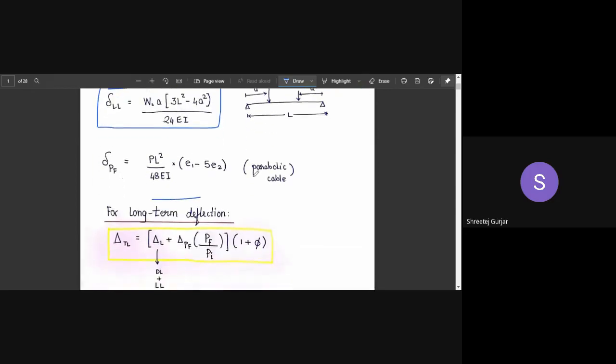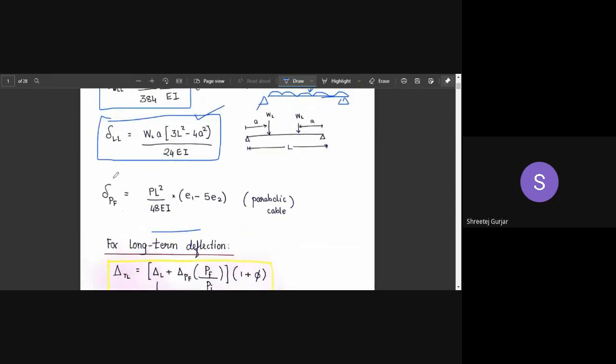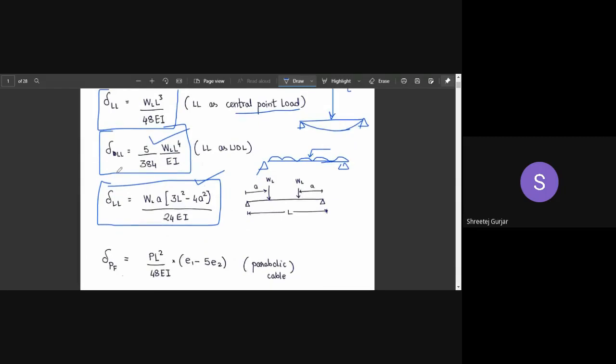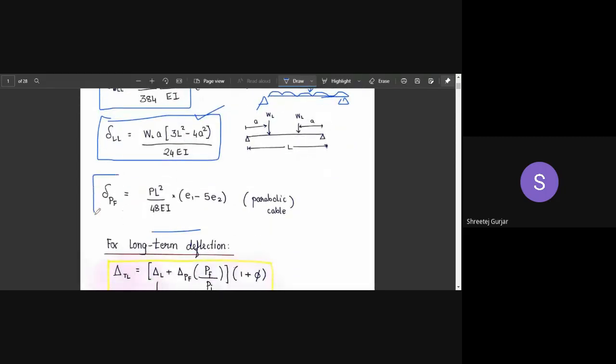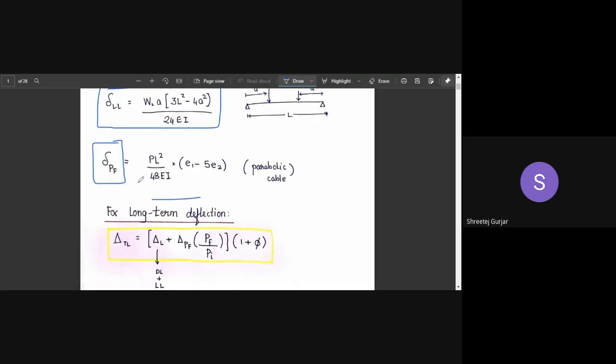Next, moving on. Now we are done with dead load and live load. Now we are looking into pre-stressing force, delta PF. So if you have a parabolic cable, let me draw a longitudinal section of a beam, and then a parabolic type of cable in this format.